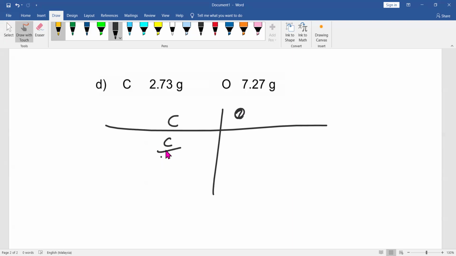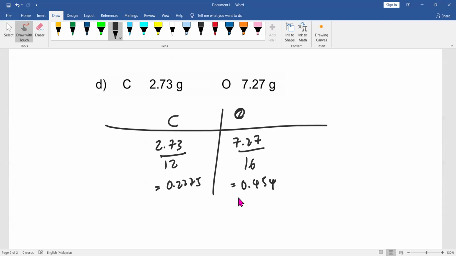So 2.73 over 12. Okay. 7.27 over 16. So I get 0.2275 and 0.454.